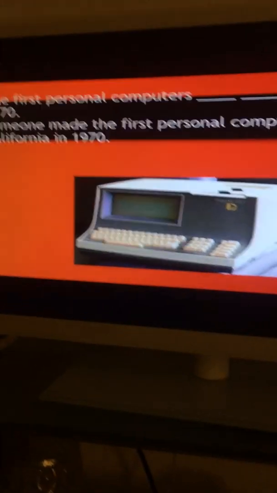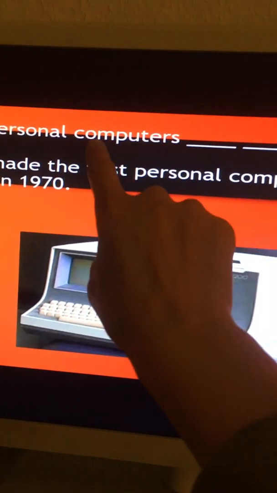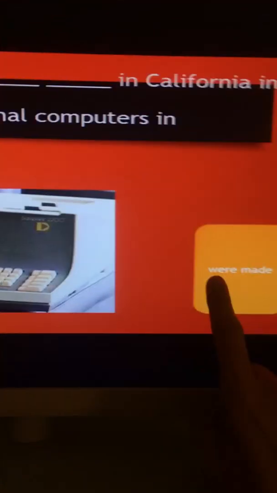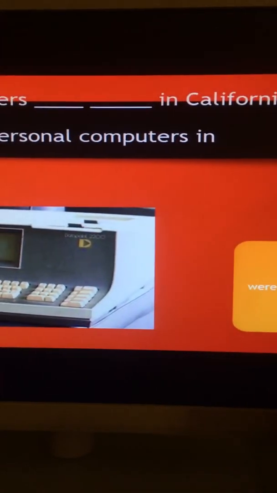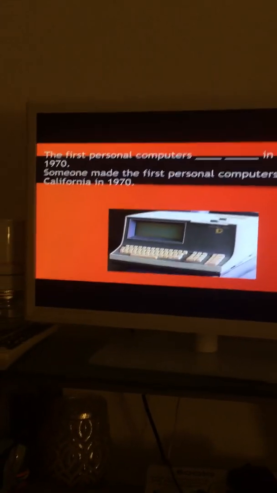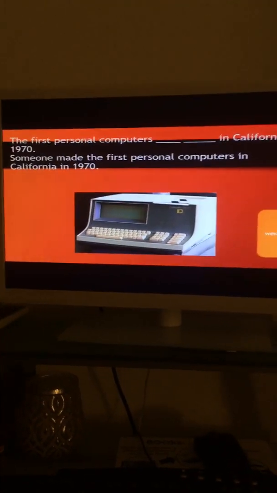Yeah, we've got the first personal computers, which is the plural. Computers, therefore, were, they were. Computers, they were. Made, past participle, in California in 1970. Okay? I hope this makes it clearer.